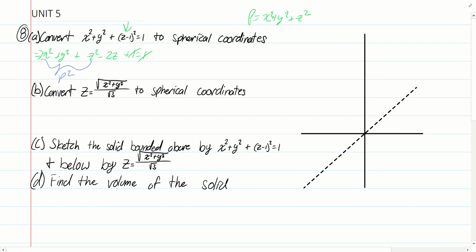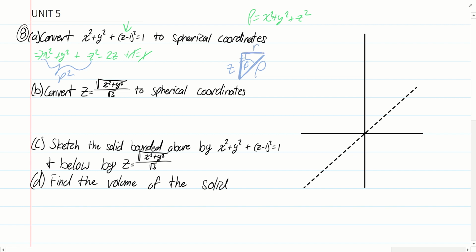So the relationship for z is, this is the positive z, this is our rho, and this is the angle phi, because again, remember, phi is the angle between rho and the positive z-axis. So this is my equation here. This right here is considered r, so this is a right angle.